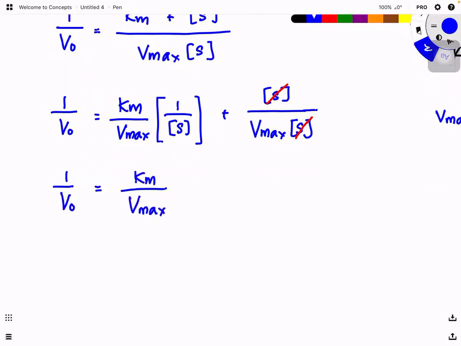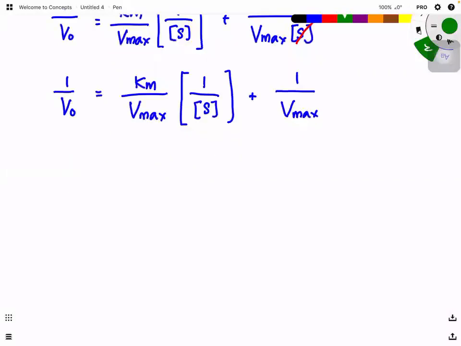multiplied with 1 over substrate concentration plus 1 over Vmax. Those who take maths, you know this equation already. Why? Because this is y equal to mx plus c.